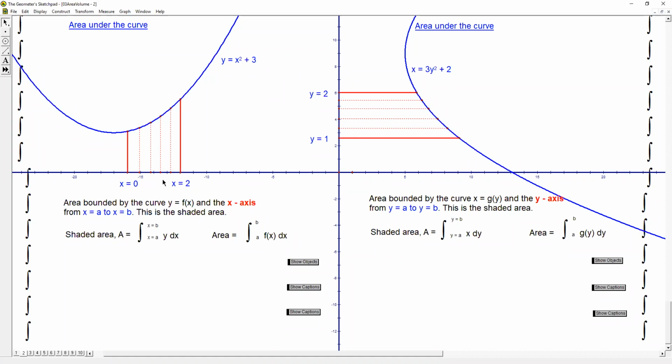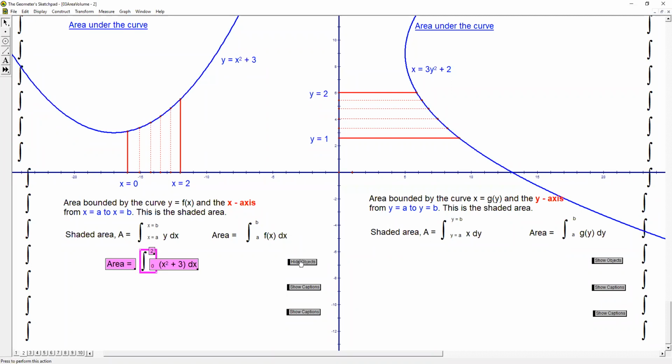So what formula are we going to use? Curve and x-axis, it will be the integral of y dx. So everything changes to x. Integrate f(x) dx from x equals a to x equals b. Now apply this formula to the problem given here: y equals x squared plus 3, x equals 0, x equals 2.